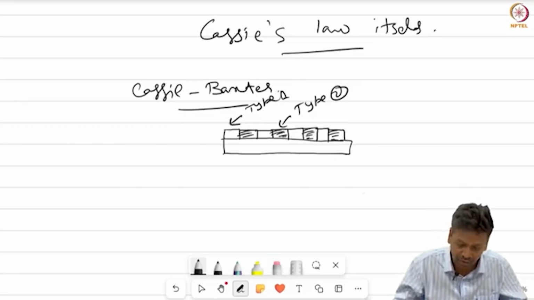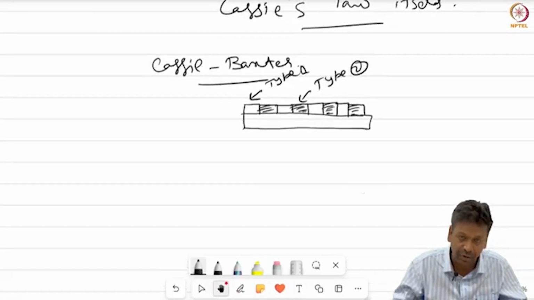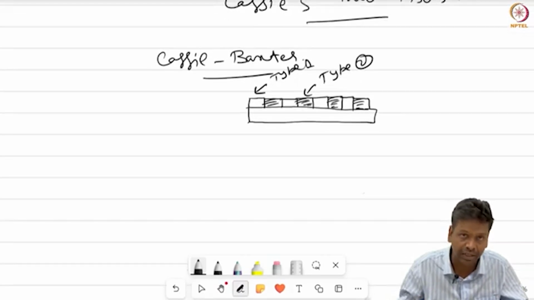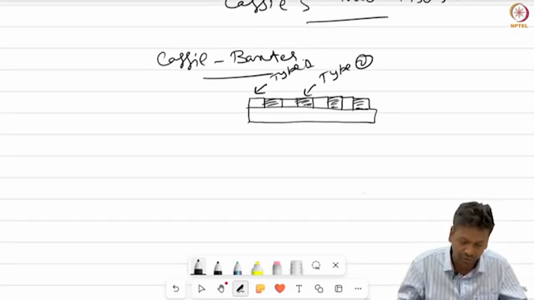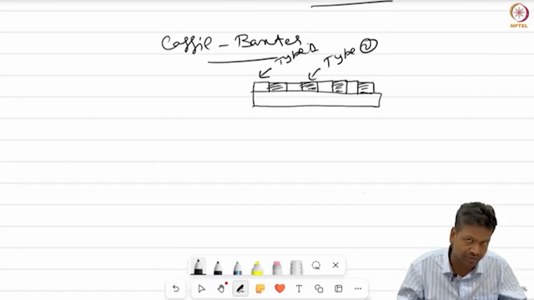We will see how we can obtain the equation for cases where we deal with numerous types of surfaces. For now, we will consider only a surface which has two different types of chemical heterogeneities. Okay, one is type 1 and another one is type 2.